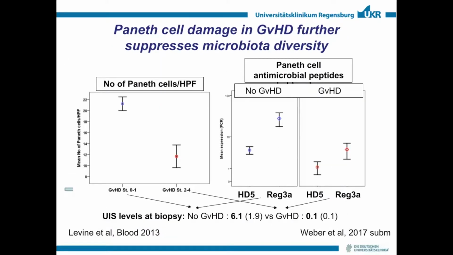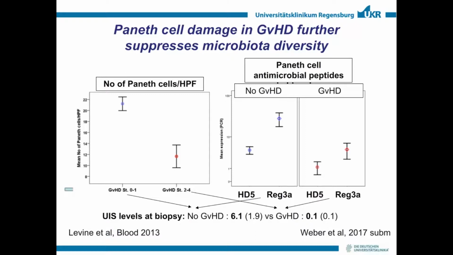Now, when it comes to GVHD, Jamie mentioned this, then there is Paneth cell damage in addition to the disturbed microbiota. And we asked the question, does this drive further loss of microbiota diversity?